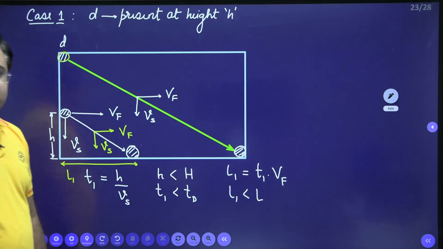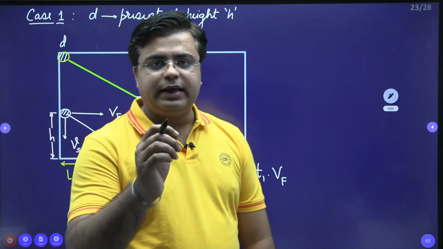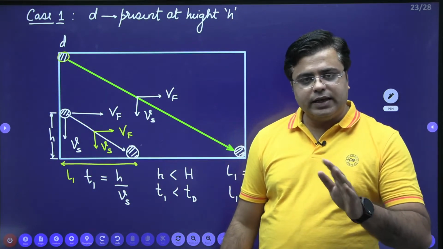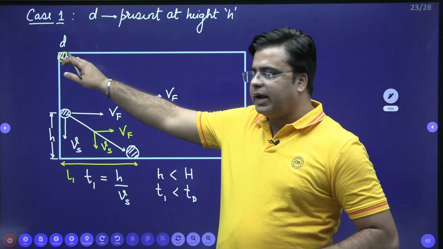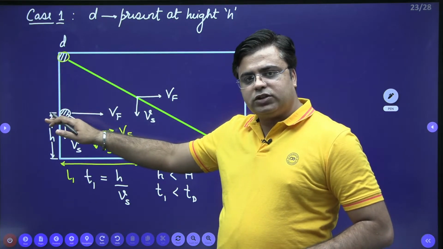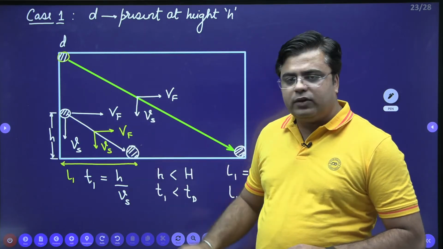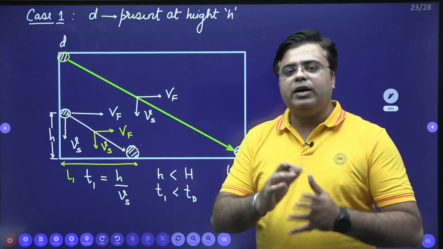Okay. So this is my case number 1. In case number 1, we have discussed that for the concerned size of the particle, it doesn't matter whether it is present at capital height H or at height small h, all the concerned size of the particle will reach the bottom of the settling zone in the available time Td.